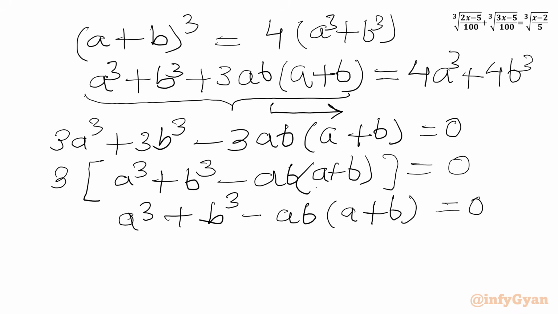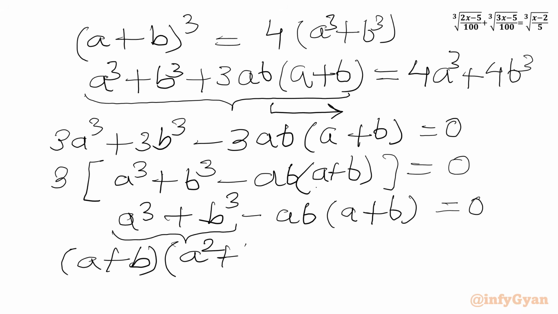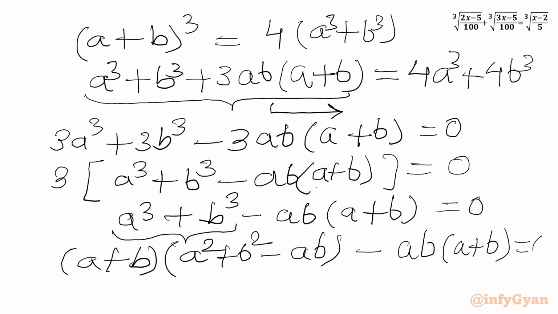Now we'll be using a cube plus b cube formula, which is equal to a plus b times a square plus b square minus ab. Then we have minus ab times a plus b. RHS is 0. Now we can take a plus b common out. So we will get a plus b is common.